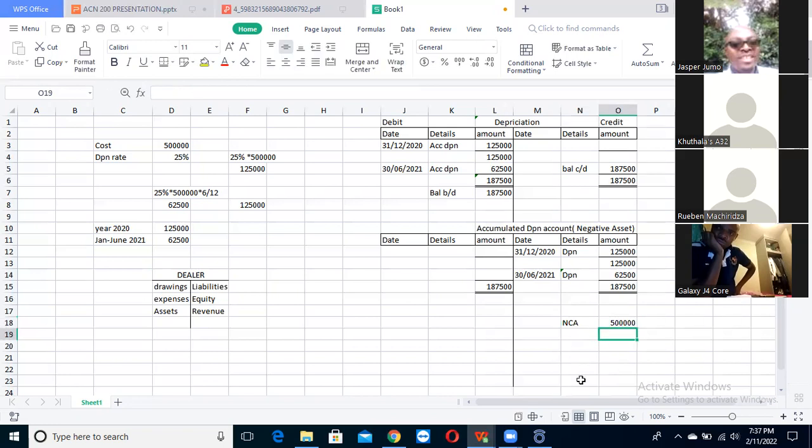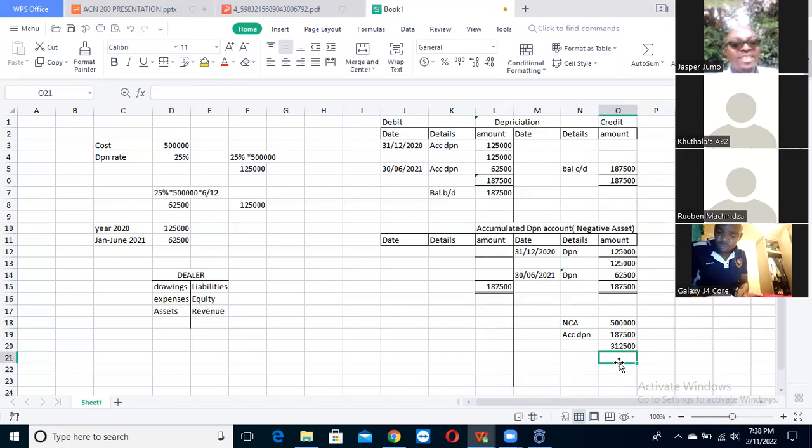And then you see again, right under non-current assets, they write accumulated depreciation, of how much? Of 187,500. This which we have calculated here. And then, which means that at the end of the period, we had assets worth 312,500.